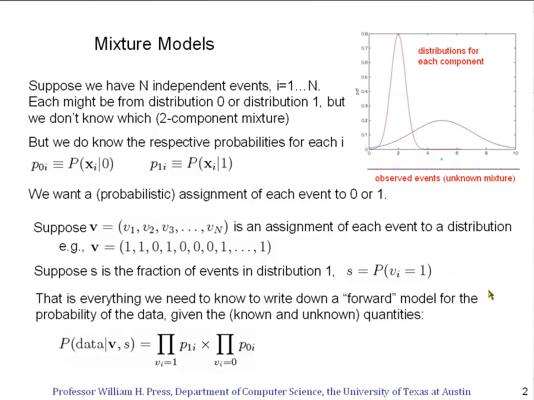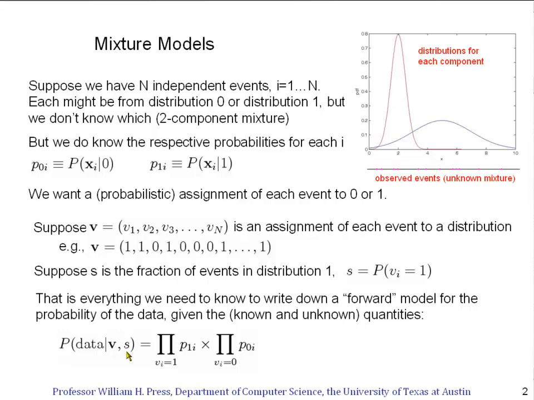Well, that's everything we need to know to write down a forward model for the probability of the data. What is that model? The probability of the data given the parameters, and now the parameters are the vector v and the scalar value s.